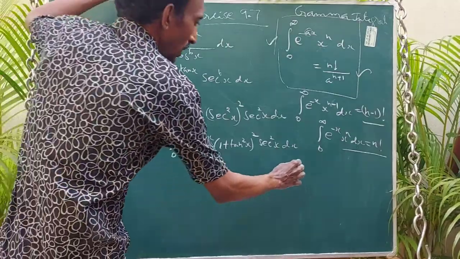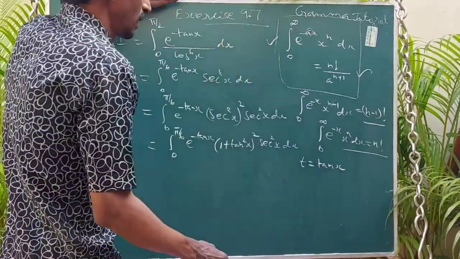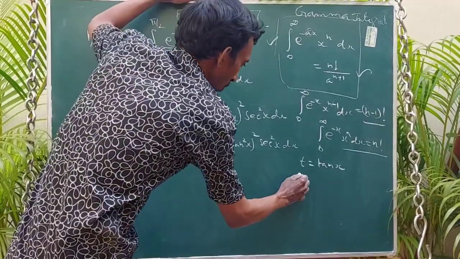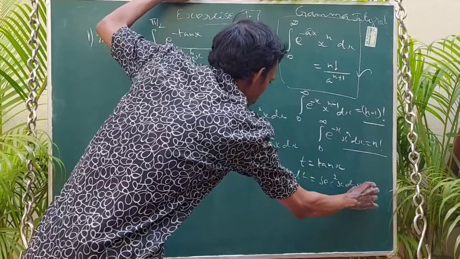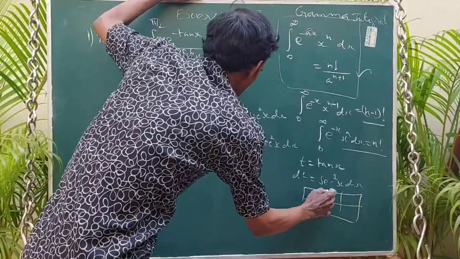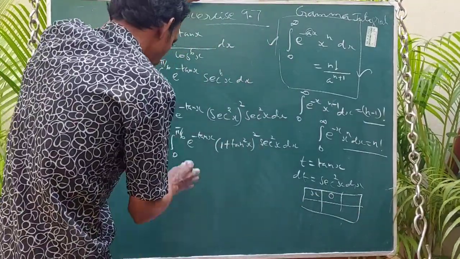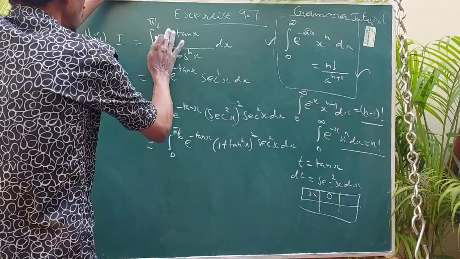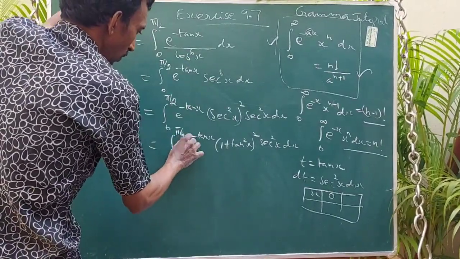So take t equal to tan x, okay, t equal to tan x. So dt equal to secant square x dx. Now change of limit, okay. X varies from 0 to what is given, sorry, not pi by 6, pi by 2, first 90, okay.